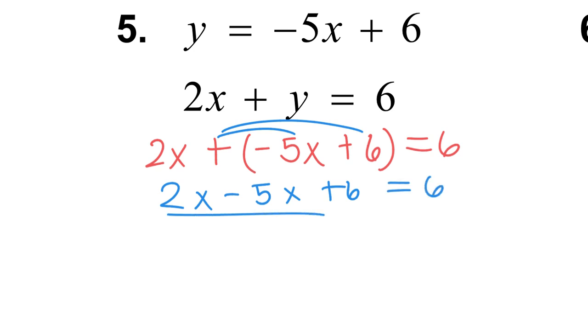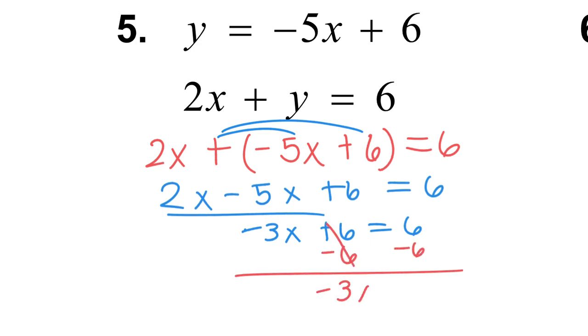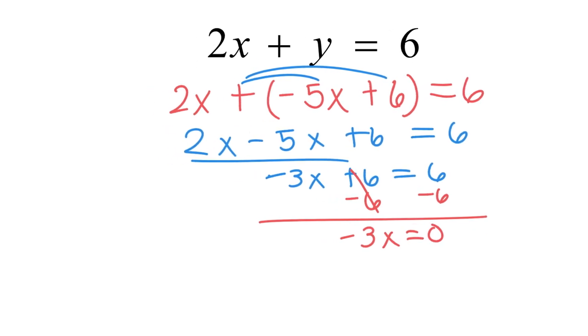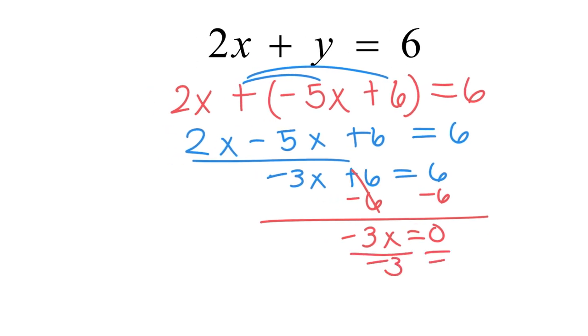Combine my like terms, where 2x minus 5x gives me negative 3x plus 6 equals 6. I'm going to subtract 6 on both sides. Negative 3x equals 0. Divide that by negative 3. This negative 3 cancels out. I'm left with x equals 0.